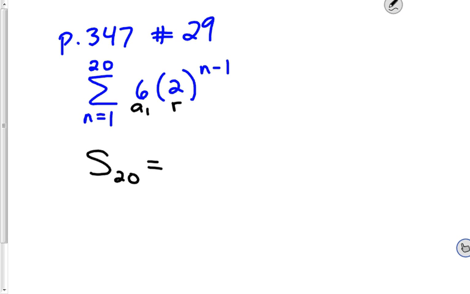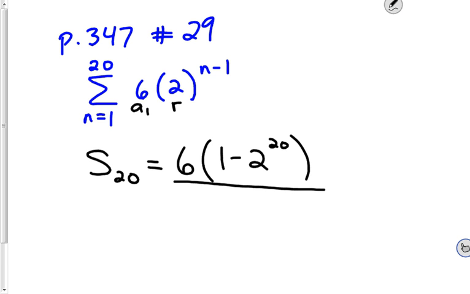So let's plug all this in. Our formula starts out a sub 1 times 1 minus r raised to the nth power, which is 20, all over 1 minus r. And now we can plug that into the calculator.